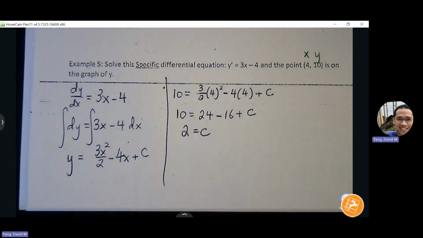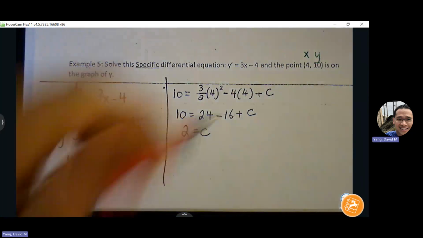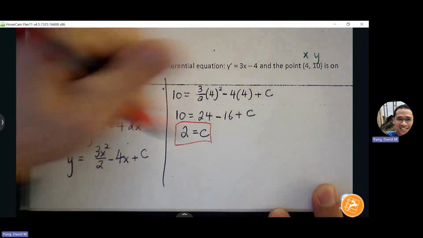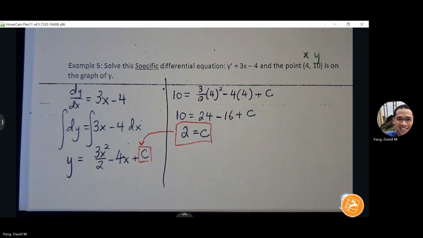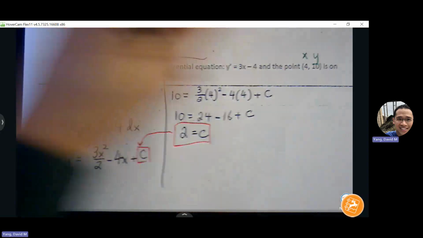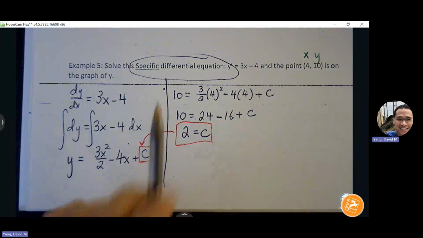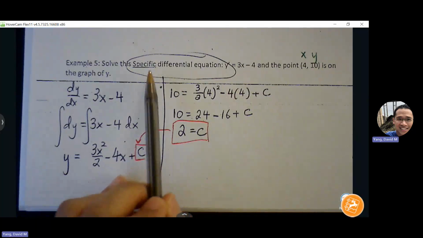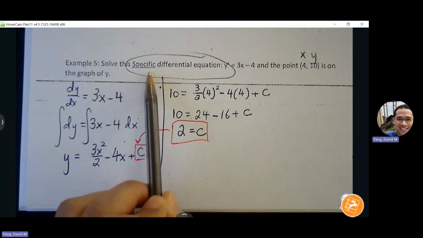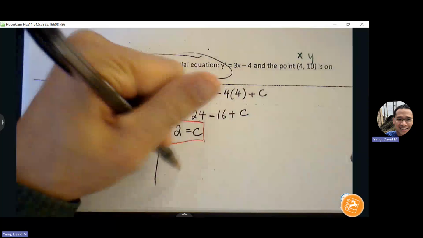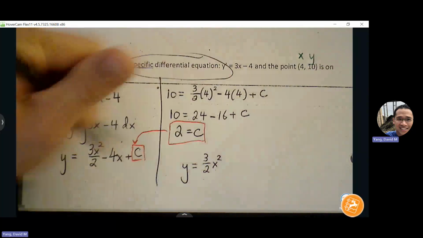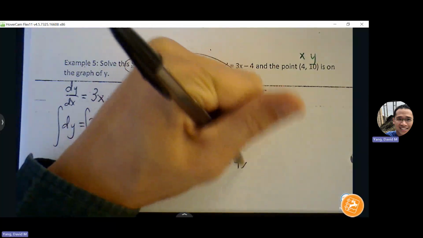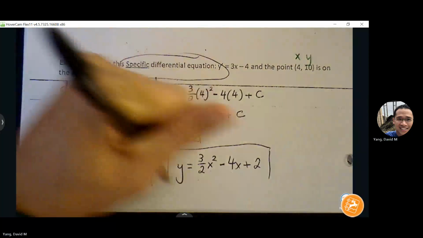Now, once you solve for c, make sure that you don't just stop there because our goal is to update this equation, right? It's asking for a specific differential equation, or solve this differential equation. We're trying to find a specific solution. So now we have y is equal to 3 halves x squared minus 4x plus 2.